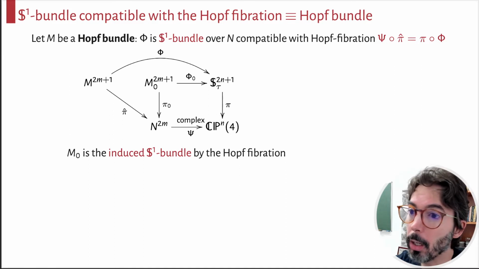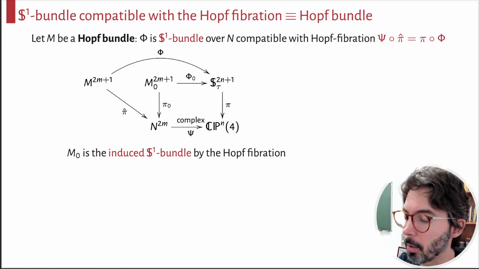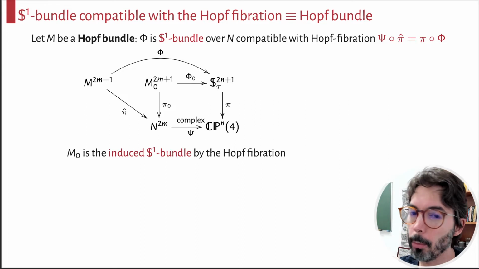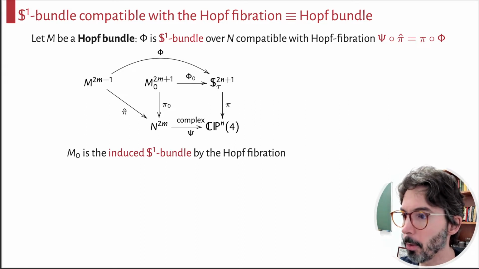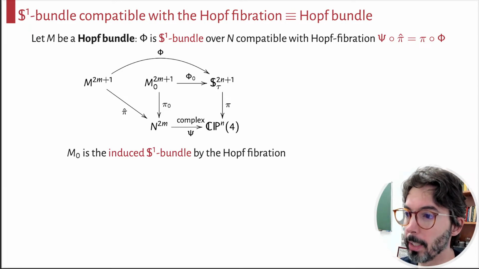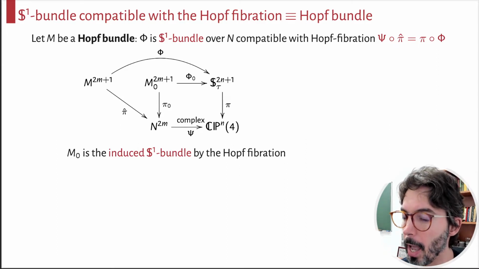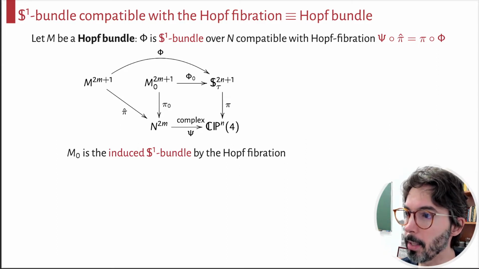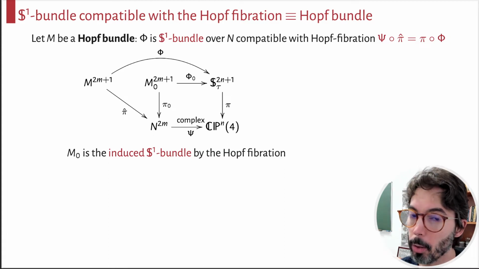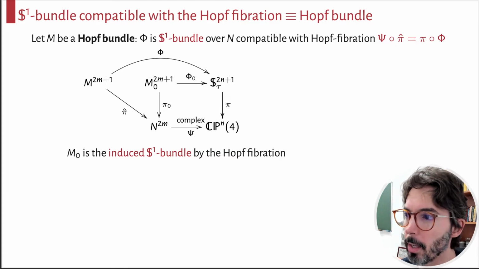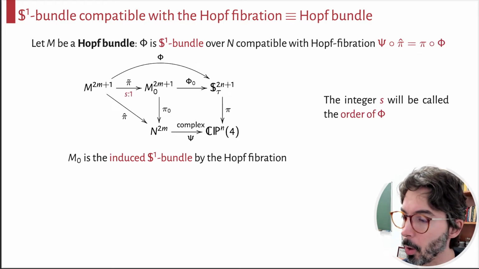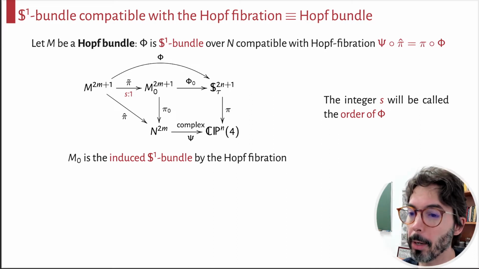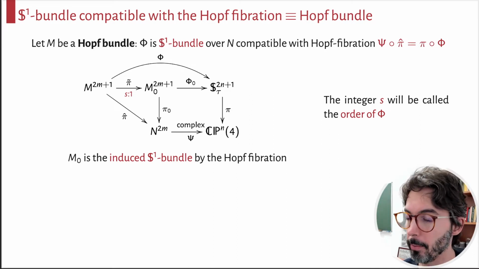Well, we can also consider what is called the induced S1 bundle by the Hopf fibration, which is also an odd-dimensional manifold M and an immersion into the Berger sphere that commutes with the diagram. And the relation between the S1 bundle and the induced S1 bundle is that the first one is always a finite covering of the second one, and the order of the covering is going to be the order of phi. Okay.